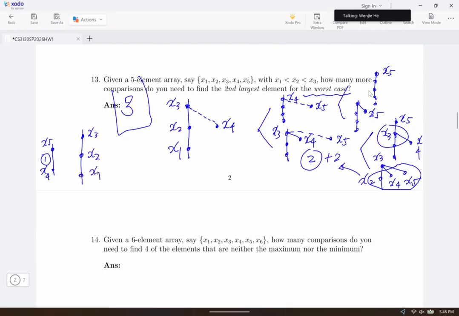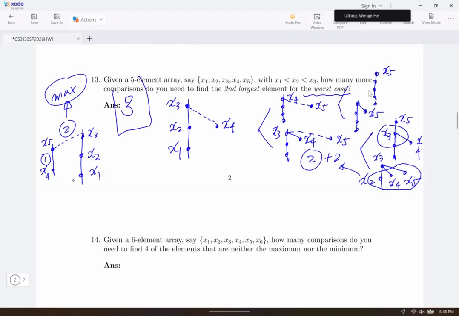For the second comparison, you compare x5 and x3. After the second comparison, the larger one will be the maximum, and the smaller one will be the candidate for the second largest.